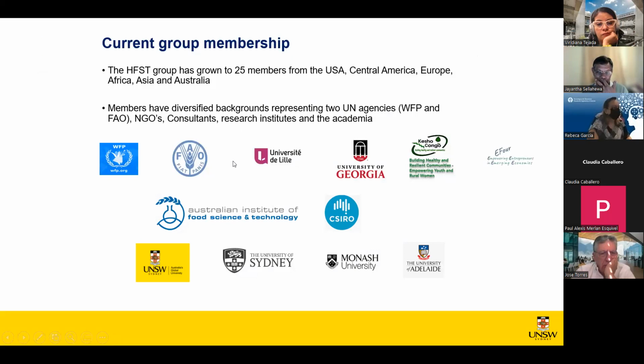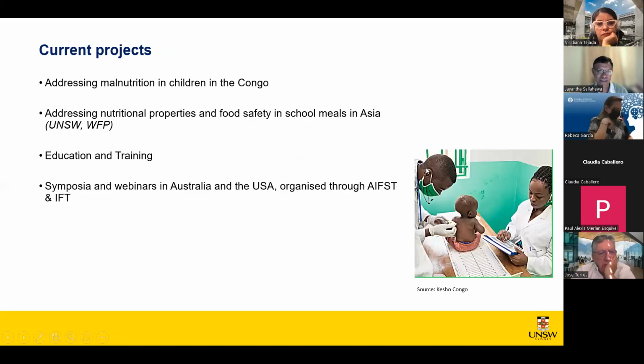So here you can see our group has about 25 people from all the continents, covering the academia, the research sector, the ISFE, and some NGOs. There's an NGO in the Congo with whom we are working, which I will talk about. So at the moment, these are the projects we are working on, addressing malnutrition in Congo.